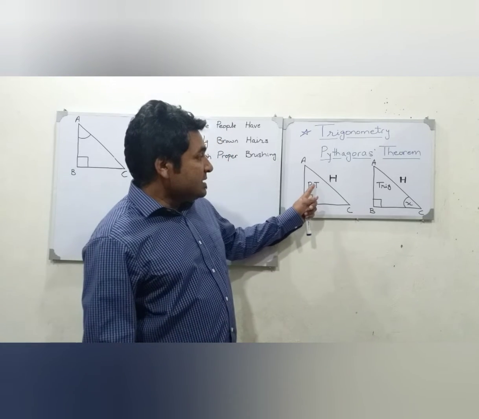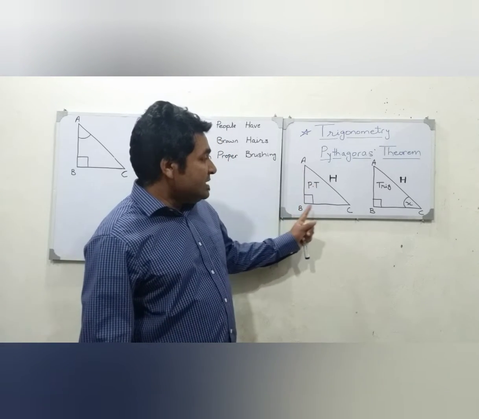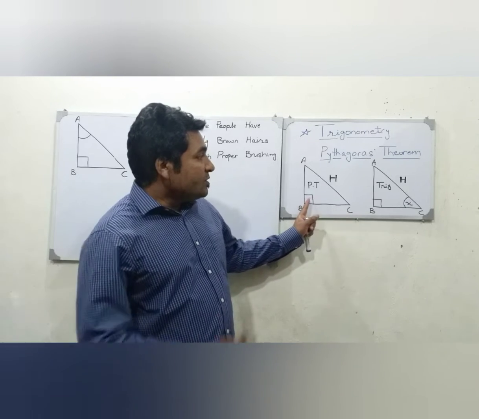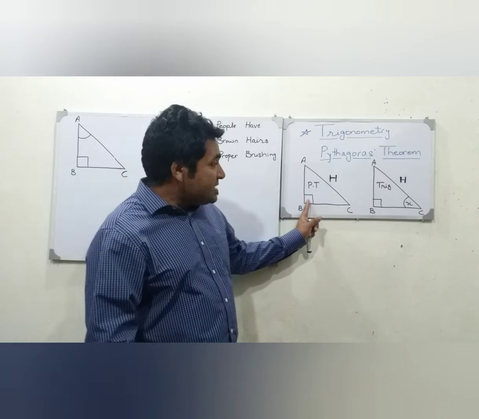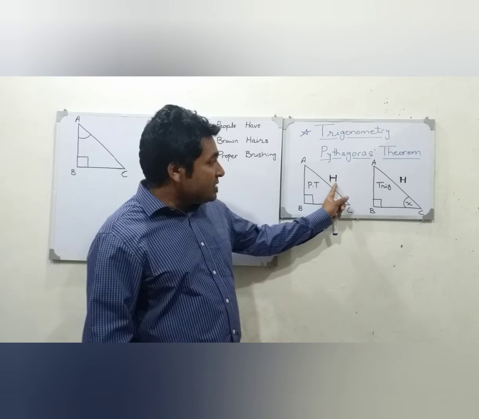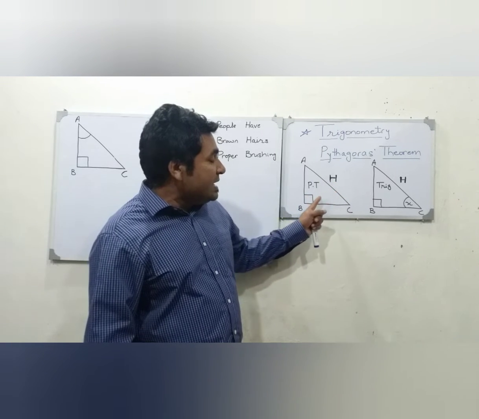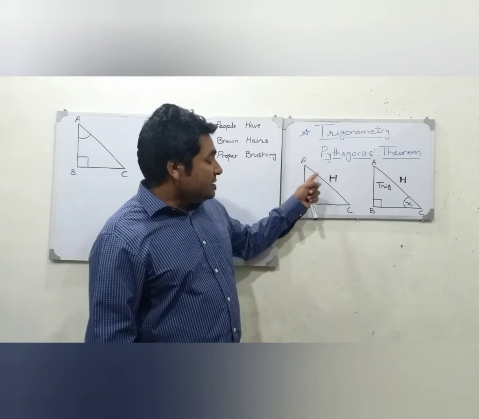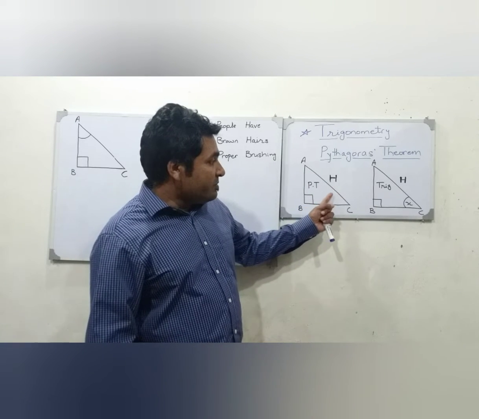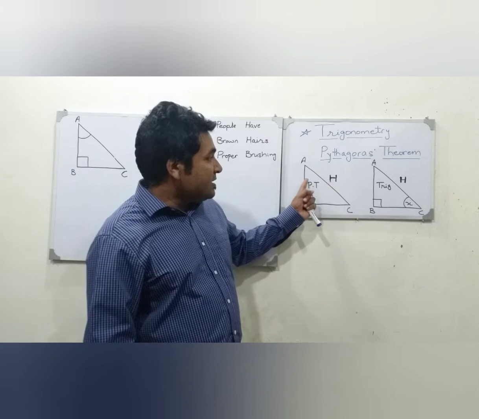Here you can see this is right angle triangle ABC. The side opposite to the right angle is called hypotenuse, and in this triangle I have not made any other angle. I have not made an angle here or here.